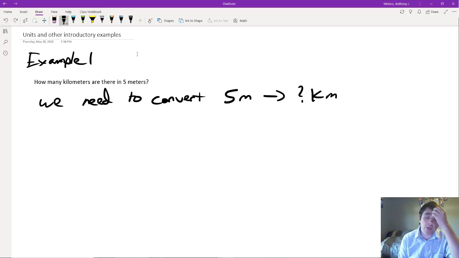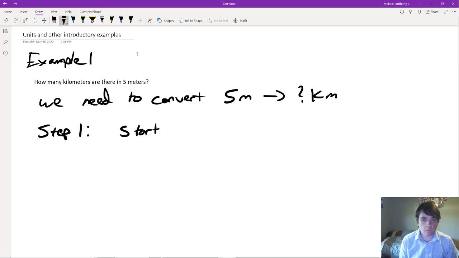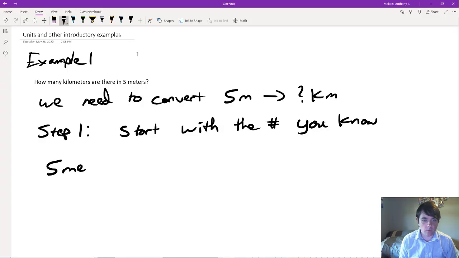When you're looking at how to do these types of questions, step 1, start with the number you know. So we know 5 meters, and we would put 5 meters right here.